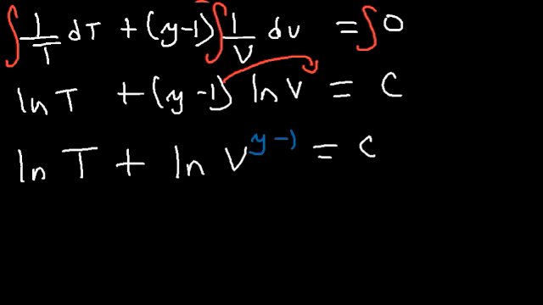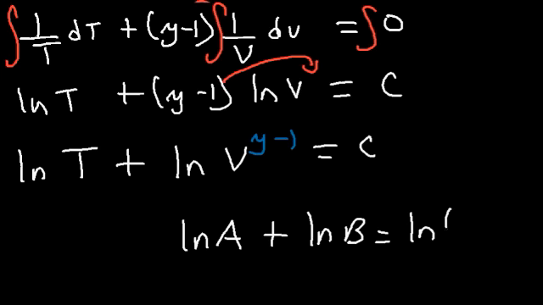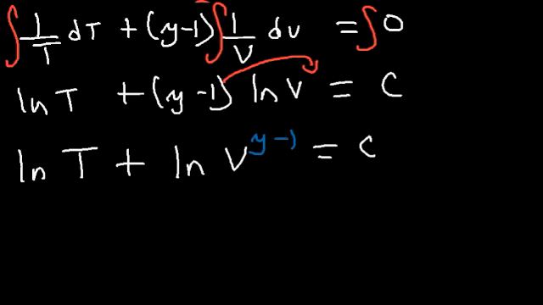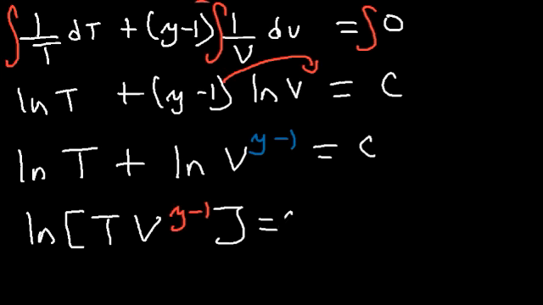Another property of logs that we can employ is this property. ln a plus ln b is equivalent to ln of a times b. So we can take two natural logs and compress it into a single natural log. So ln of T times V raised to the gamma minus 1 is equal to a constant.